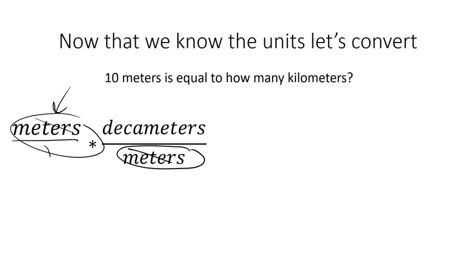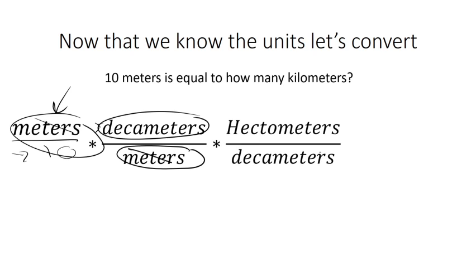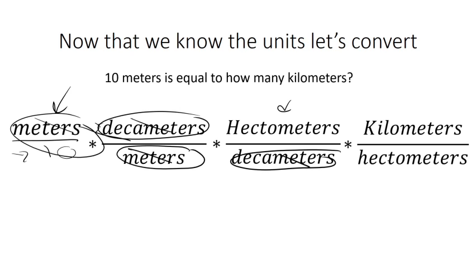All right, so top to bottom, or in some cases bottom to top, but in this case, no unit here, so we're going to go top to bottom. And we're just going to keep working across like that, because decameters appears here. We want it on the bottom on the next step, so we can cancel it out. Hectometers, hectometers.